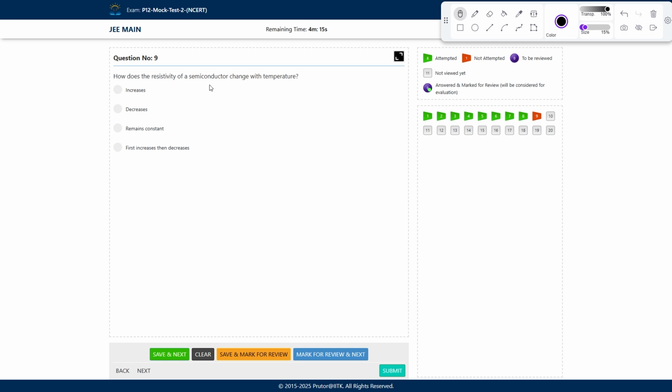If temperature is increasing, their resistivity will decrease. So what is the correct option here? The resistivity of semiconductors decreases with temperature.